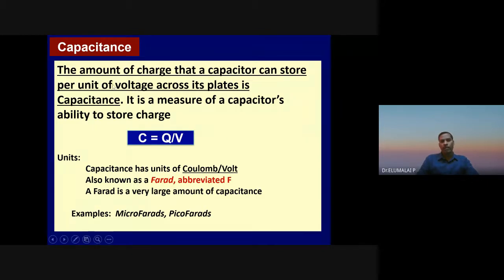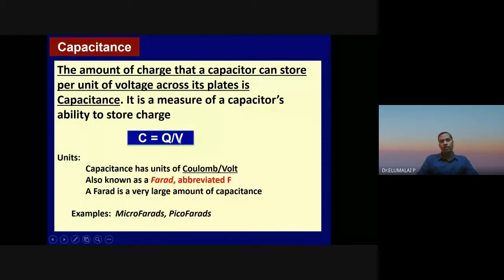Or very specifically, the amount of charge that a capacitor can store per unit of voltage across its conducting plates is known as capacitance. So it's coulomb by volt. Q is charge in coulomb, we know. Ampere second by voltage is farad, F.